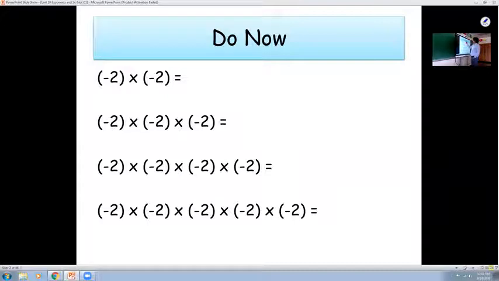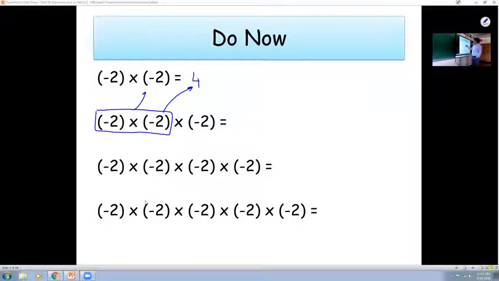Everybody knows what -2 times -2 is, which is 4, right? You can use your calculator, no problem. I already know the answer from the top, and I can cancel this one out and replace it with 4.